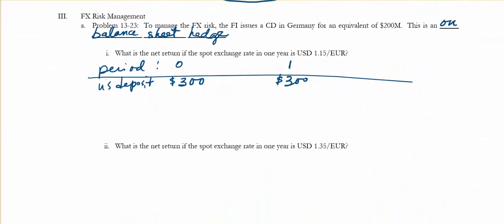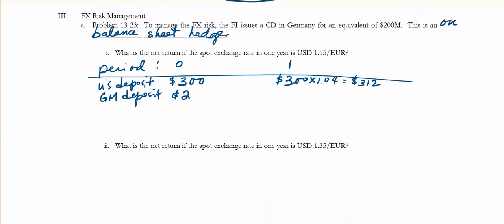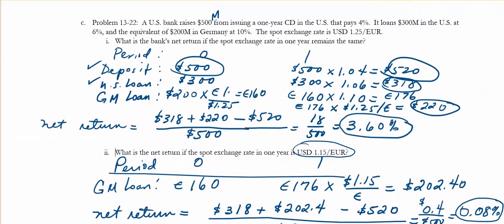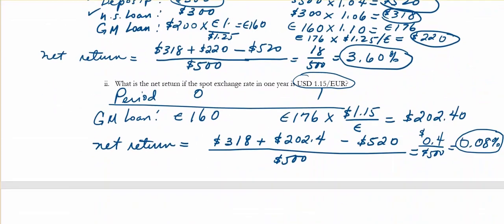So looking back at the problem, the bank would owe its depositors $312 in the US. Now the spot exchange rate today was $1.25 per euro.